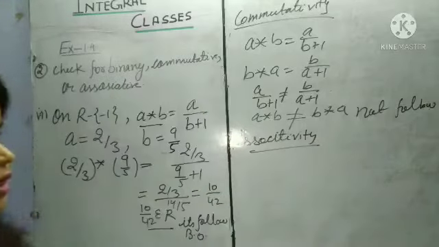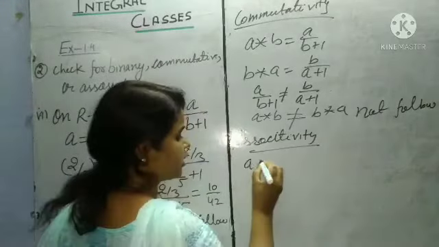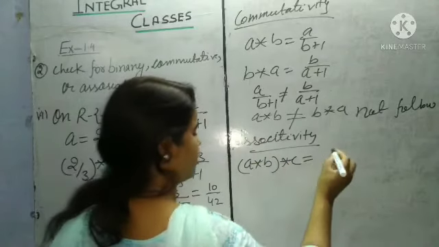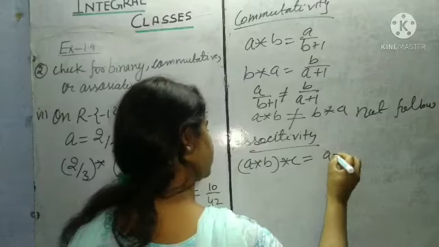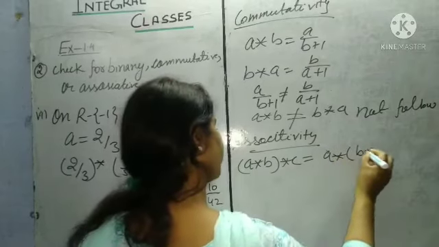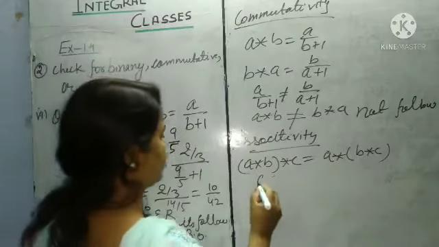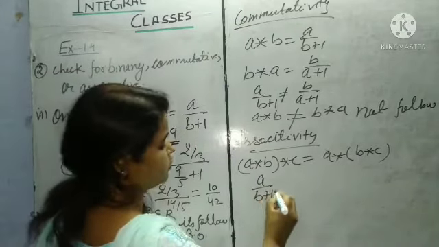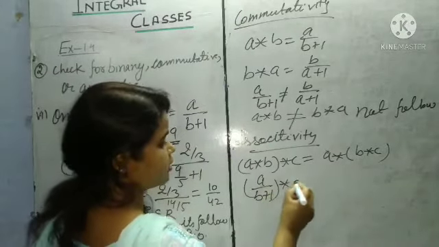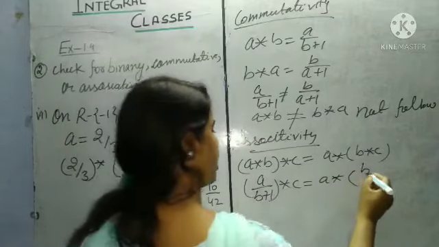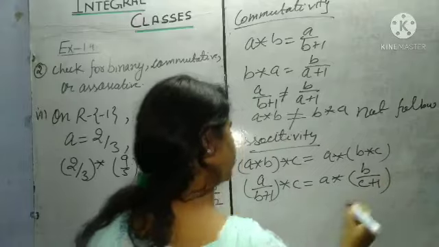Now for associativity, we will consider here three numbers: A star B star C equal to A star and B star C. A star B equal to A upon B plus 1. Star C, A star B upon C plus 1.